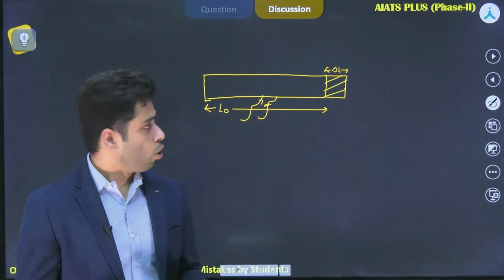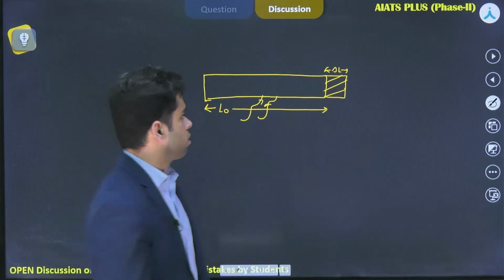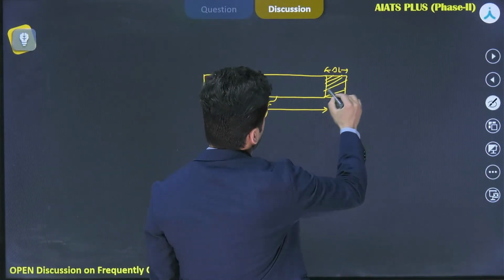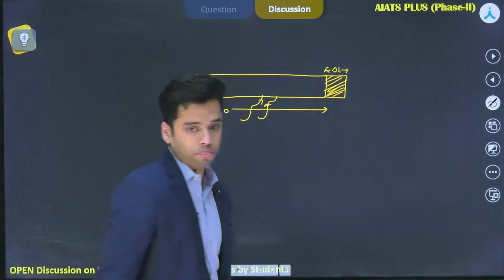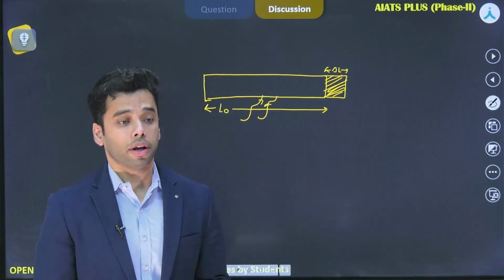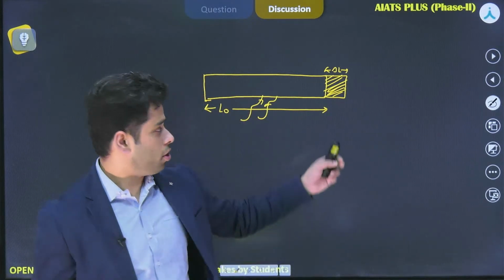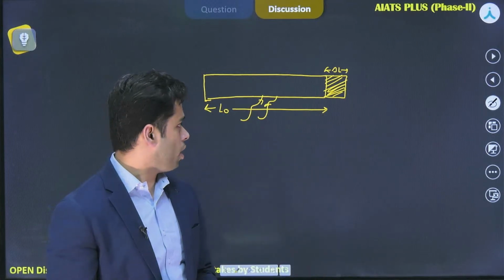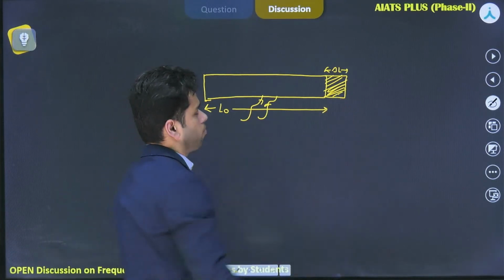This much part is expanded, and this part is given by delta L, right? This is delta L, which the rod has expanded, and we need to find what is the value of this delta L, right?